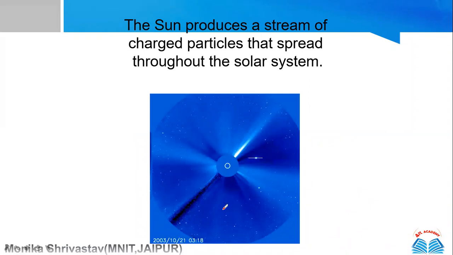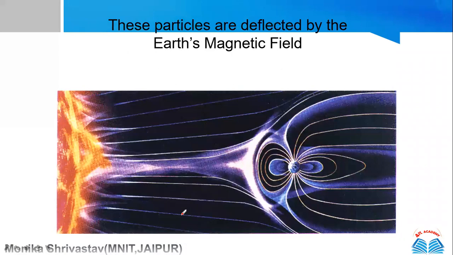In the solar system, the Sun produces a stream of charged particles that spread throughout the solar system, a stream having many ranges of energies. These streams of charged particles will reach up to the Earth too, and these are called solar winds.